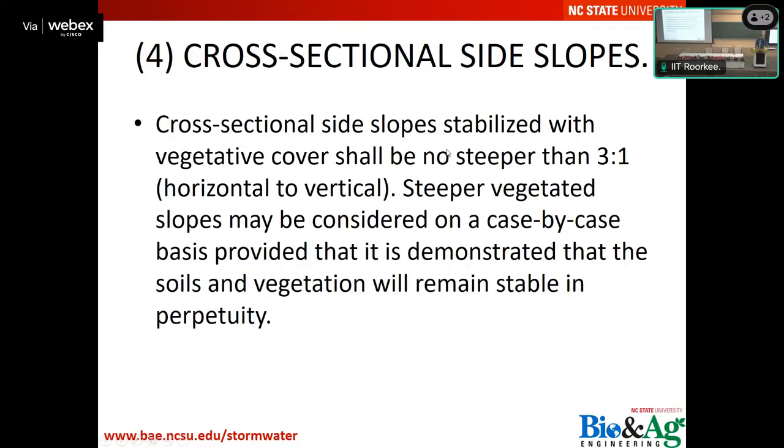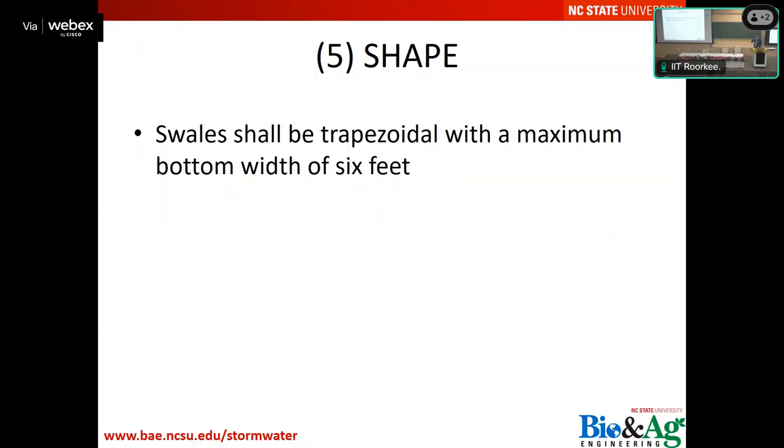Now, side slopes, some folks refer to those as batter slopes. I know that's the term used in New Zealand, but you may have a batter slope, the side slope. We like to limit that to 3-to-1. That's because it's easier to maintain something on a 3-to-1 side slope relative to something steeper.